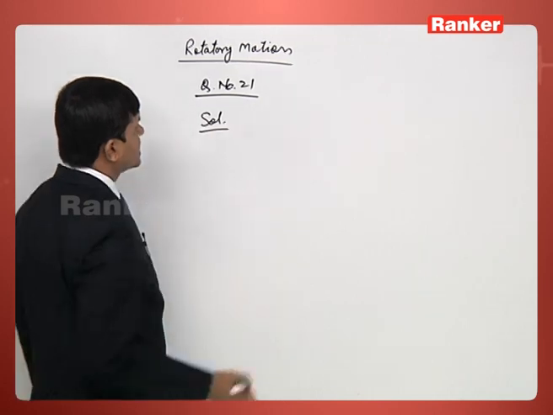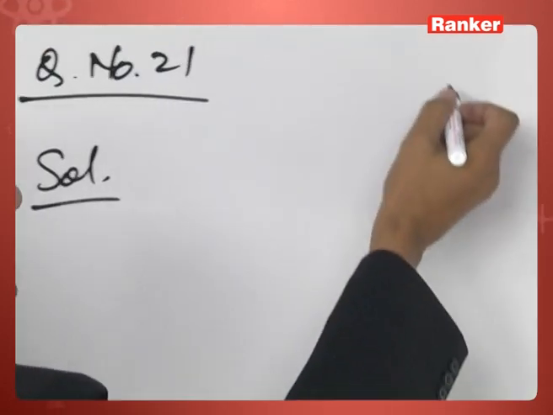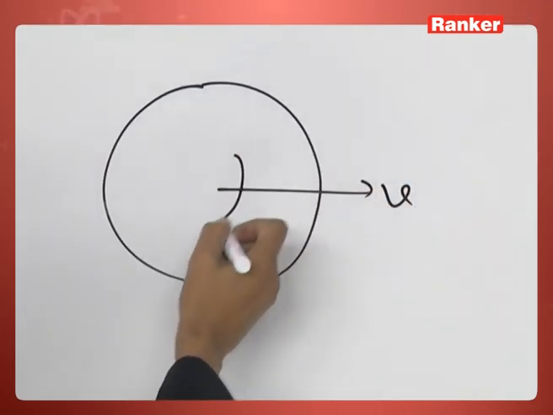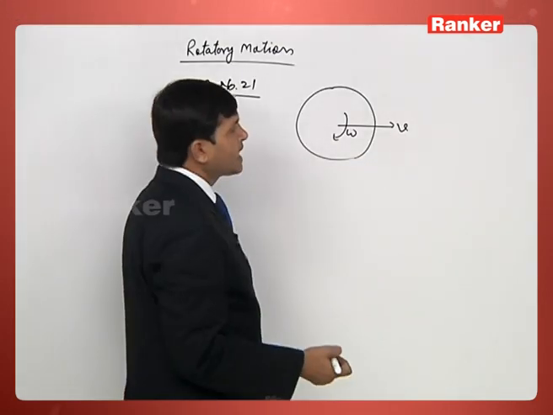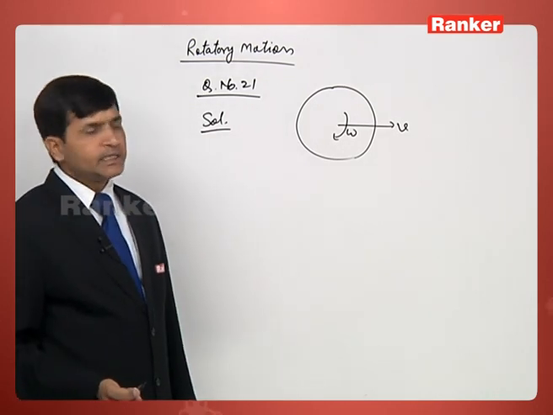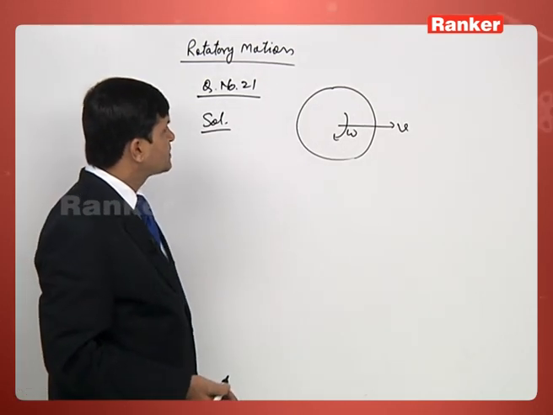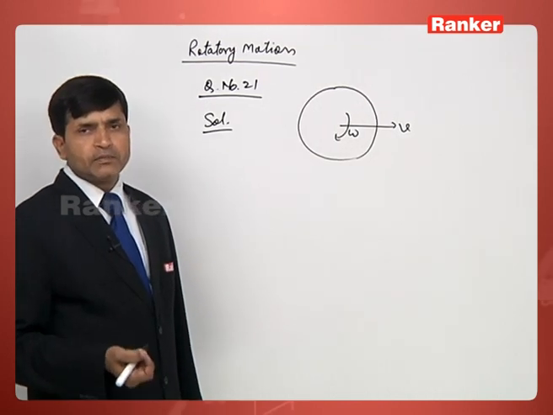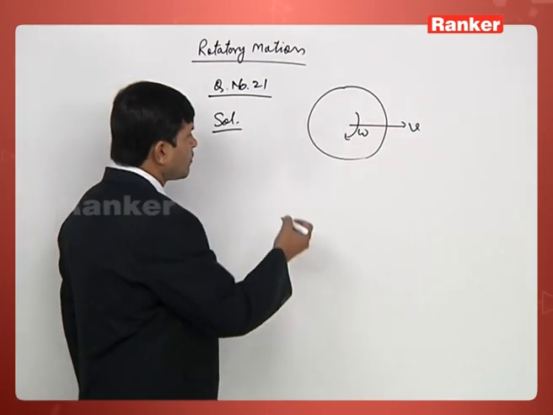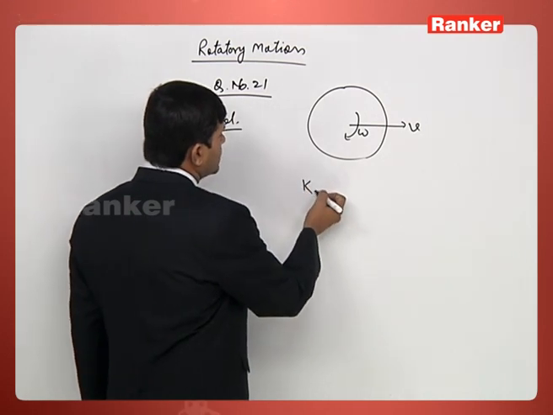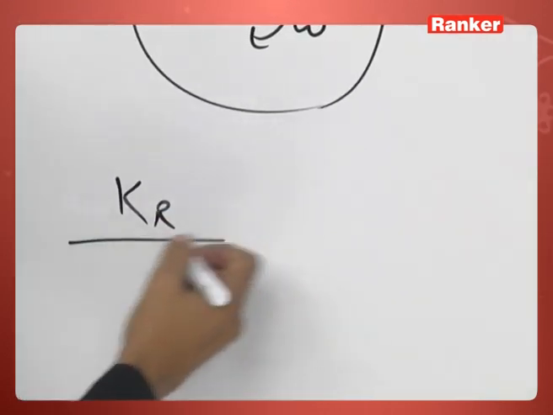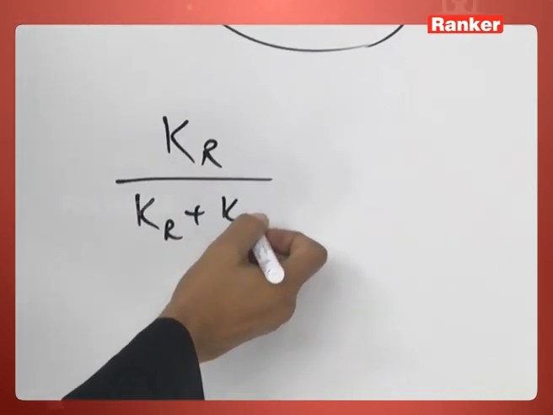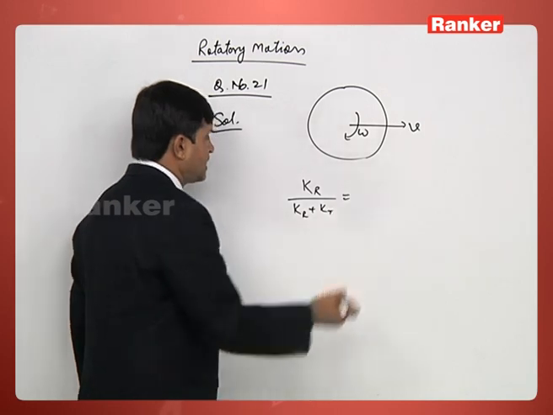In this question they are saying this is the sphere, it rolls. So it has two types of kinetic energy, rotational kinetic energy and translational kinetic energy. But in the question they are asking for the ratio of rotational kinetic energy Kr by total kinetic energy, Kr plus K translational.